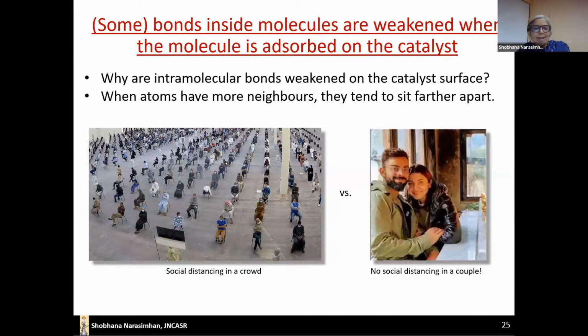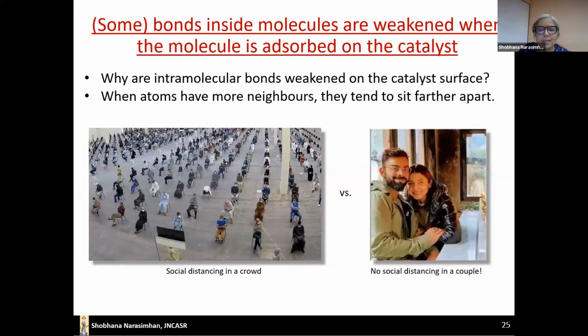So I've shown you sort of a cartoon analogy here. So if you are in a crowd nowadays, in coronavirus times, you have to sit far apart and it is easier to perhaps break bonds between you. But if you're just a couple, then you don't have to be socially distanced and you can maybe just sit close together in your house.